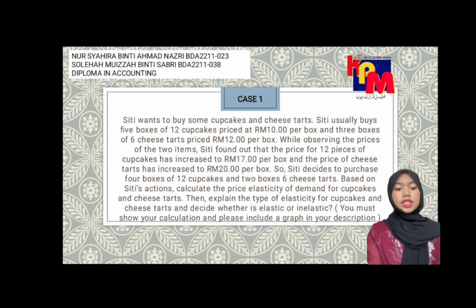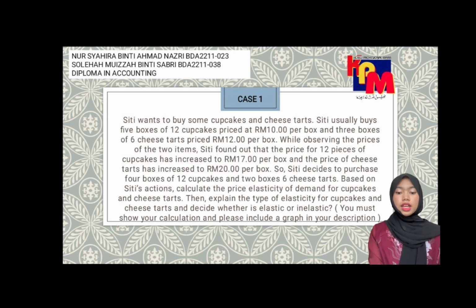While observing the prices of the 2 items, Siti found out that the price for 12 pieces of cupcake has increased to 17 per box, and the price of cheese tart has increased to 20 ringgit per box. So, Siti decides to purchase 4 boxes of 12 cupcakes and 2 boxes of 6 cheese tart. Based on Siti's actions, calculate the price elasticity of demand for cupcakes and cheese tarts.